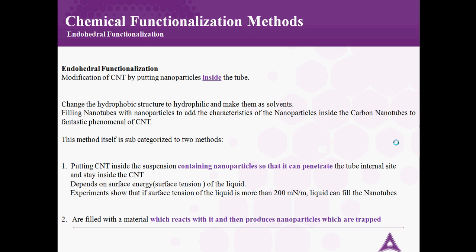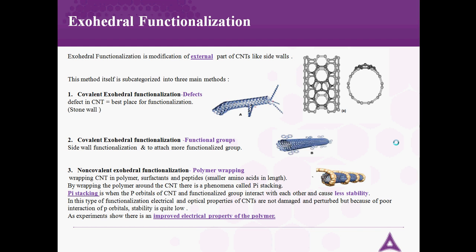So these are the two available endohedral functionalization methods. In the next slide, which is exohedral functionalization, we'll mostly talk about how to functionalize and what the methods are on the sidewalls of carbon nanotubes.